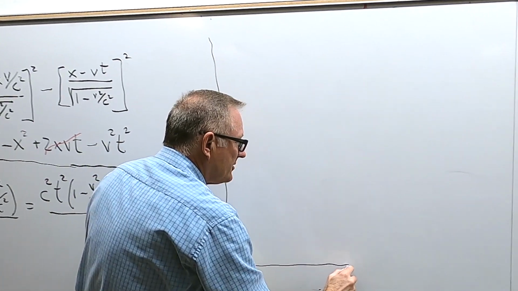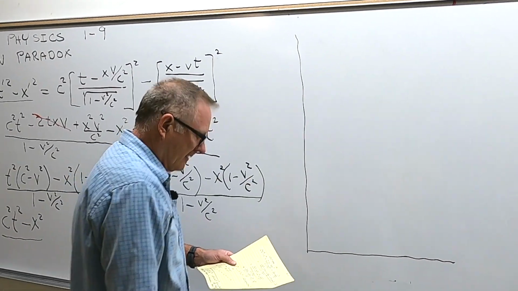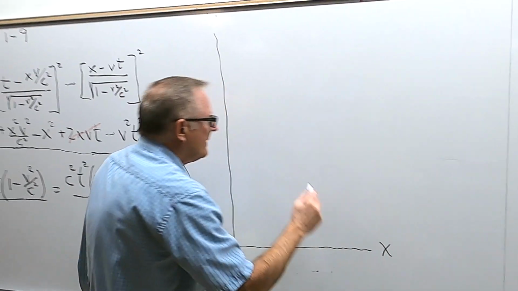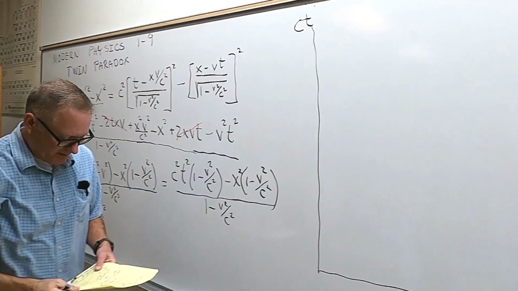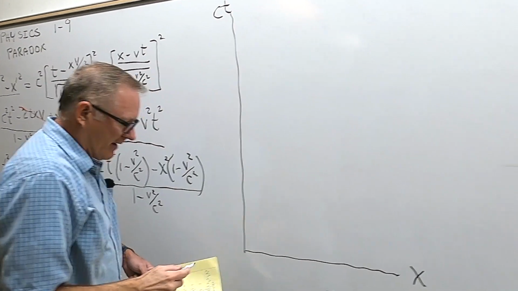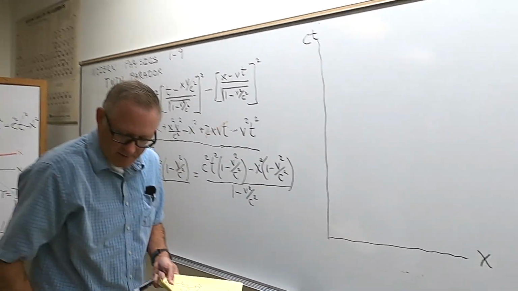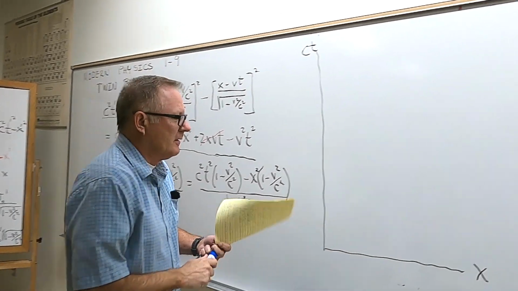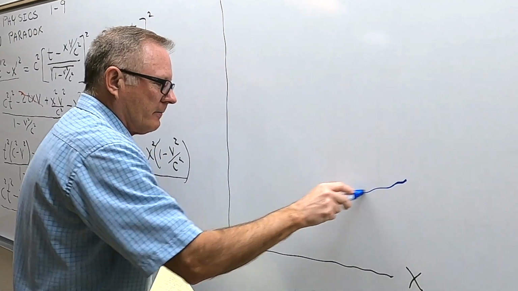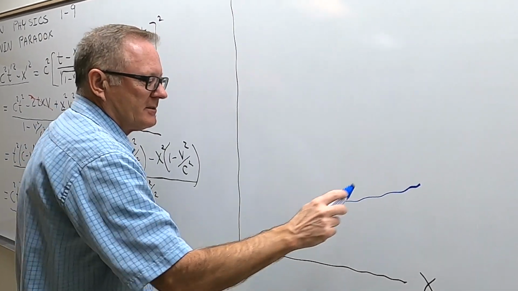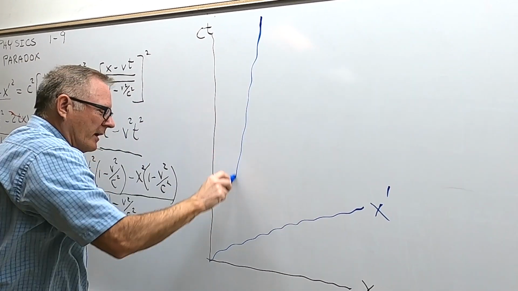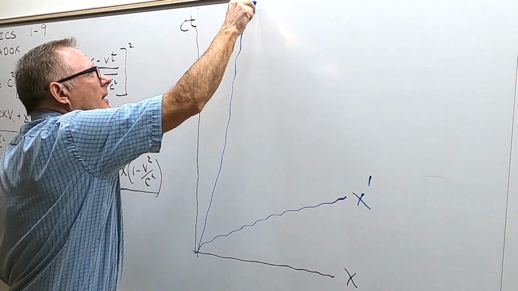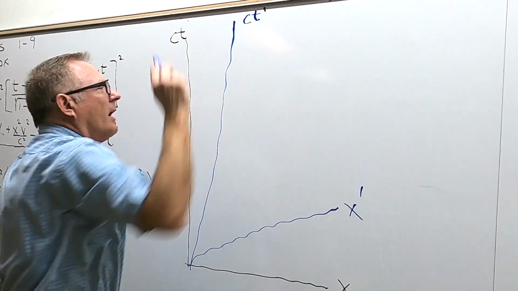We have our picture right here. This was our x. This is our ct, just like we have up there. We also have our x prime, maybe I'll do it in blue. There's our x prime, and then coming down this way, we have our ct prime.